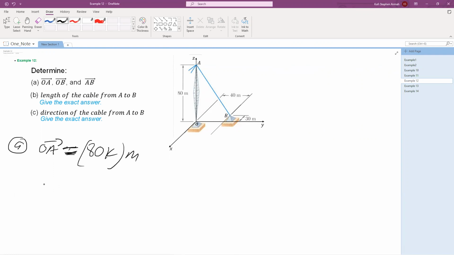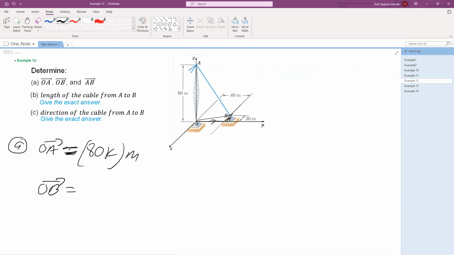The same way, if you want to do OB, OB is going from O to B. As you can see, you have to go this way first before we go that way, and we are looking for this. So we go this way.